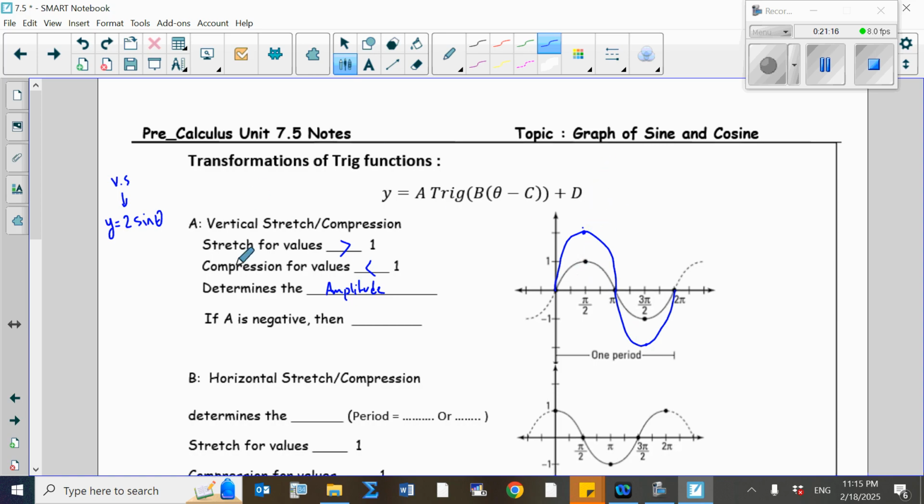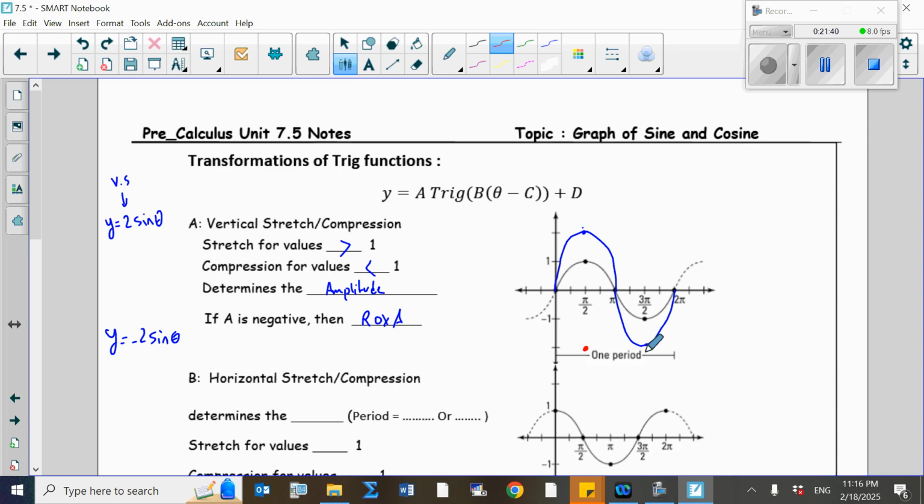But if the a value that you have is negative, for example, y equal to -2 times sine of theta, then the amplitude will still be the same, but there will be a reflection over the x-axis as well. That means this high point will be reflected and it's going to be a low point now.